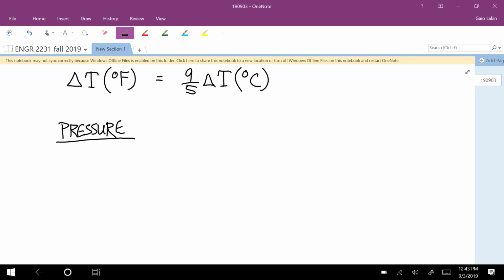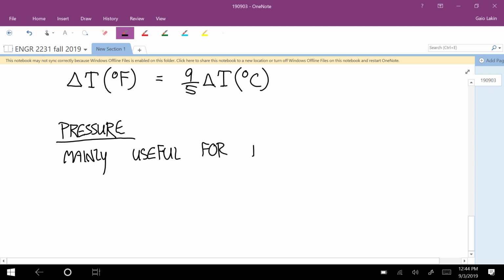Pressure can be applicable to solids, but mostly it's a useful concept for fluids. Fluids are just things that flow, so fluids include liquids and gases.